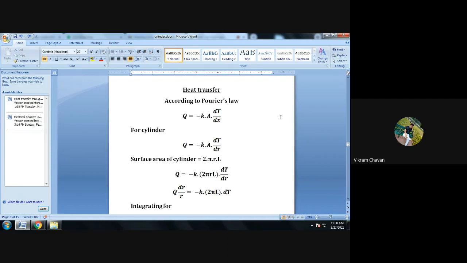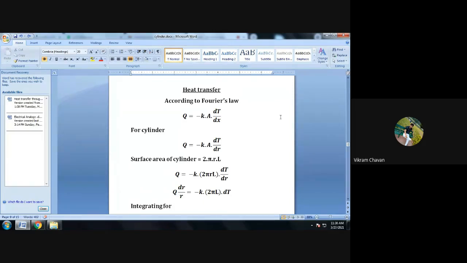So our general Fourier's law for heat conduction is Q is equal to minus K multiplied by A multiplied by dT divided by dx. Now for the cylinder, this law is slightly changed. In the case of a cylinder, we represent thickness in the form of a radius.